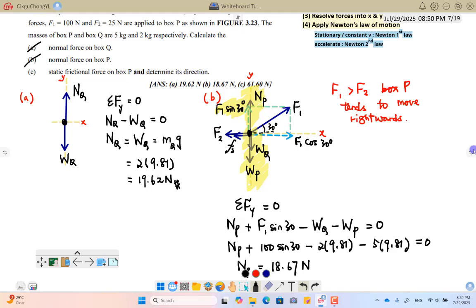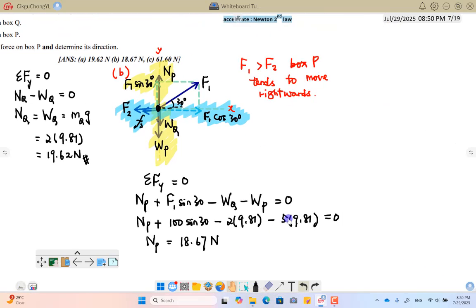Question C: I want to calculate the static friction force on box P and determine its direction. If we refer to the free body diagram we drew, the friction force is acting along the horizontal x-axis. In order to calculate Fs, I consider all the forces acting along the x-axis. Again, since the object is stationary, I apply Newton's first law.